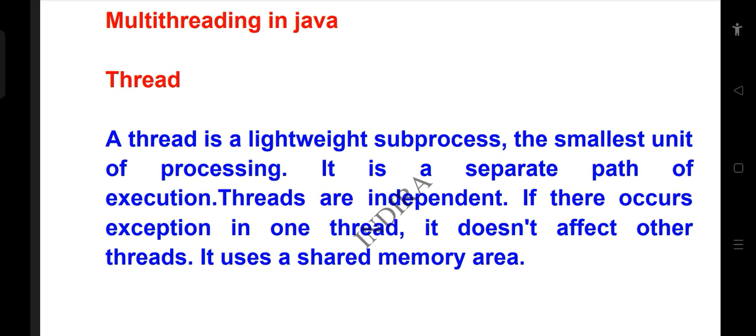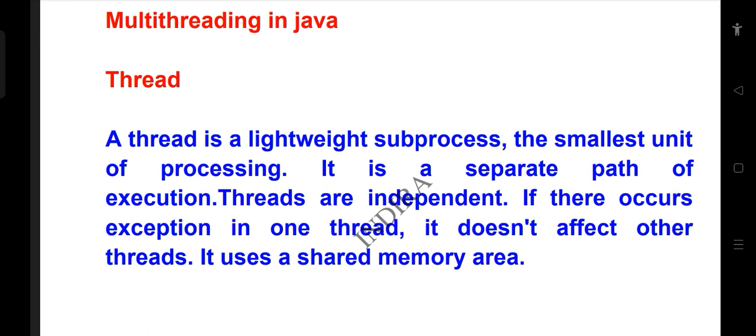What this definition means is that a thread is nothing but a subprocess. All the threads are used within the program. So a thread is a subprocess, not the complete process. That means part of the programming depends on the thread only. It is a very small unit of process. It is a separate path of execution.